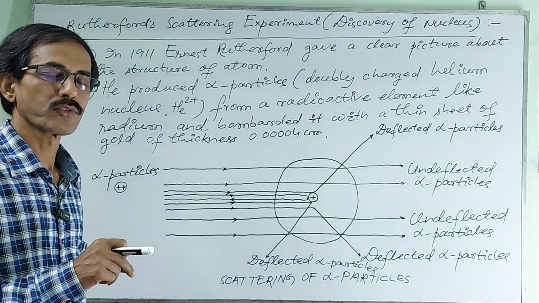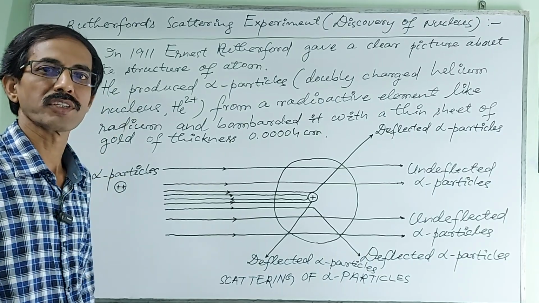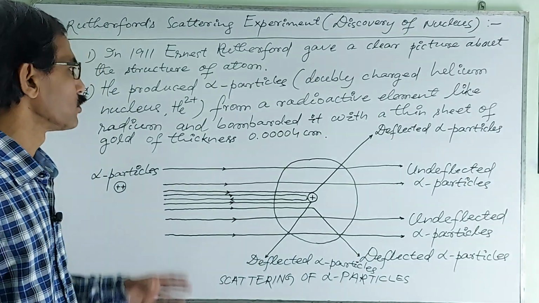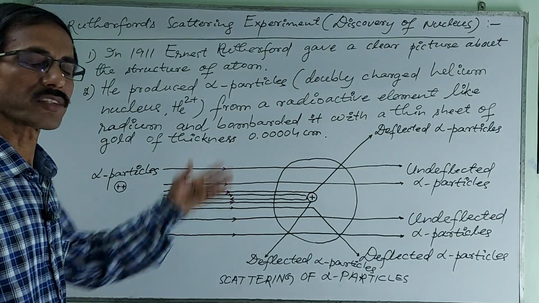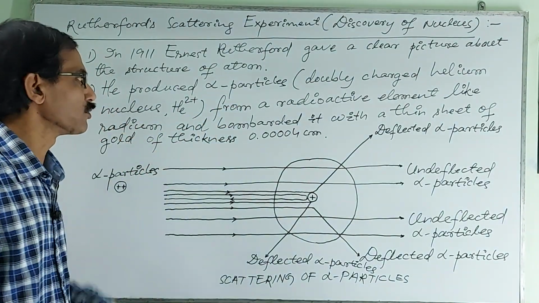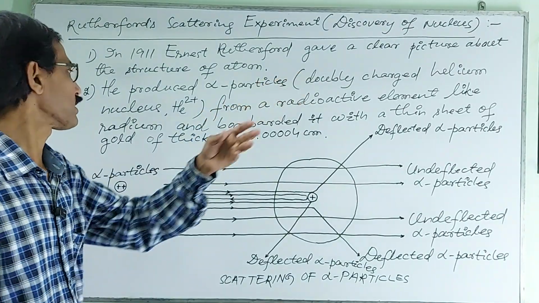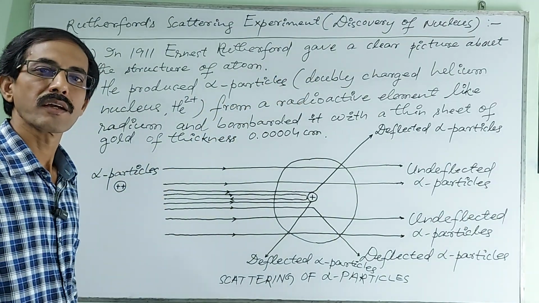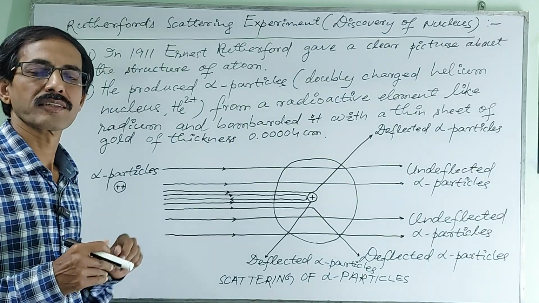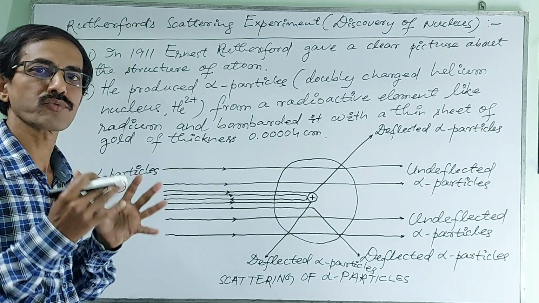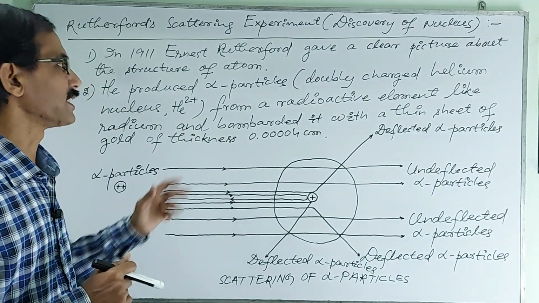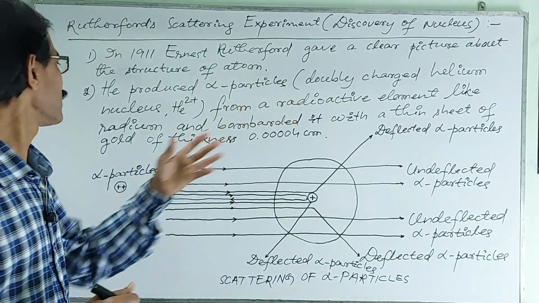Helium, He, whose atomic number is 2 and mass number is 4. He produced alpha particles, doubly charged helium nuclei, He2+, from a radioactive element like radium, and bombarded it, that is, attacked it, with a thin sheet of gold.